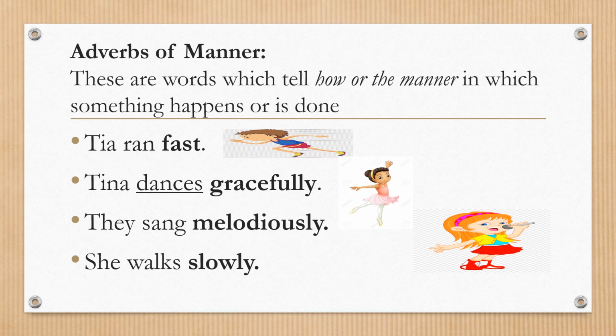Like Tia ran fast. What is the verb here? Ran. So how will you ask? How did Tia run? The answer that you get becomes your adverb of manner. Very easy to understand and identify adverb of manner. Just identify the verb and ask the question how to the verb.